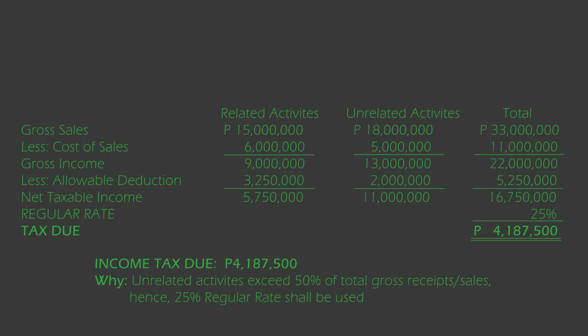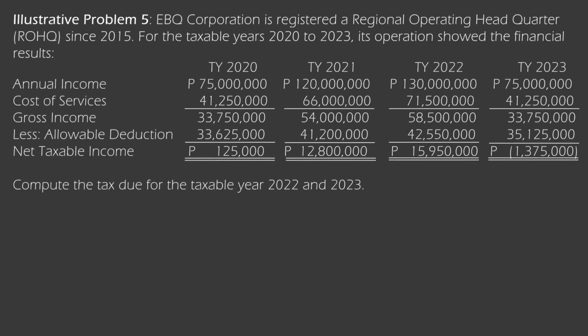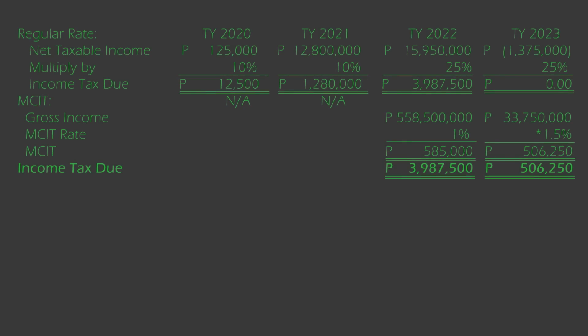4,187,500. In our last problem, a corporation is registered as a Regional Operating Headquarter or ROHQ since 2015. For the taxable years 2020 to 2023, its operations show the following results. As shown, the regular rate of 25% shall be effective on January 1, 2022 for ROHQ.